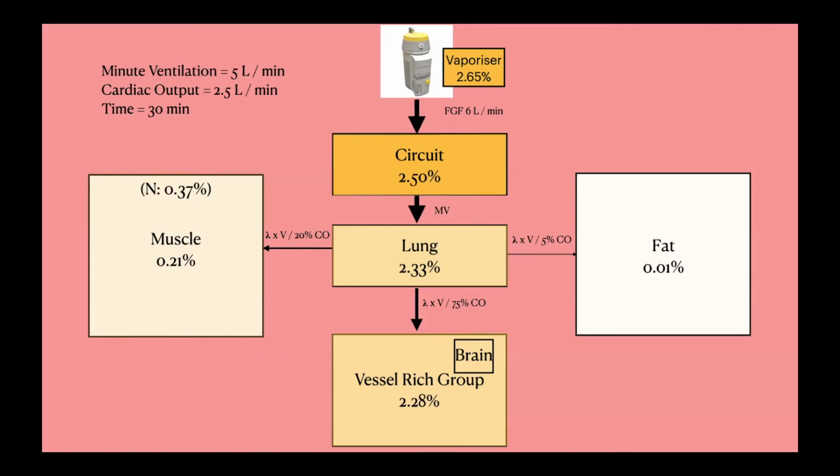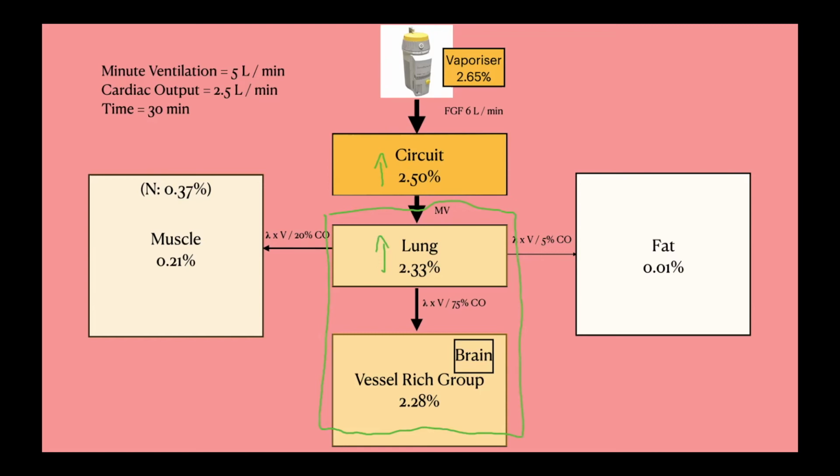This is someone with a low cardiac output. So with a low cardiac output, you can see that the concentrations are much higher, okay? The other interesting thing is that even though lung and vessel-rich group haven't equilibrated yet, they're pretty close. They're actually very, very close, okay? And you can almost assume that within 30 minutes, even in a patient with low cardiac output, the equilibration between lung and vessel-rich group has occurred.